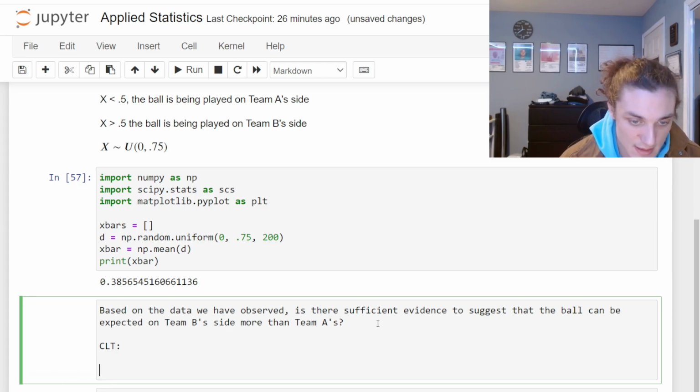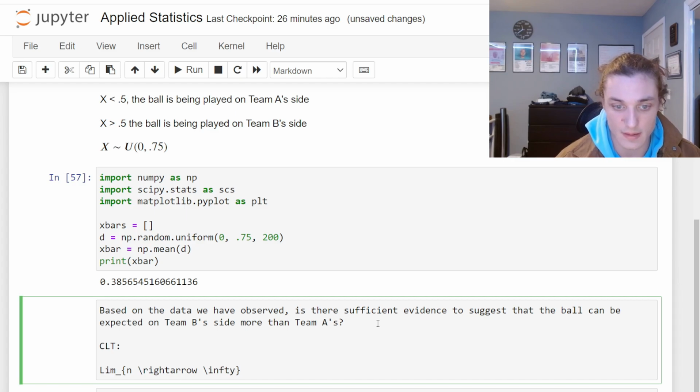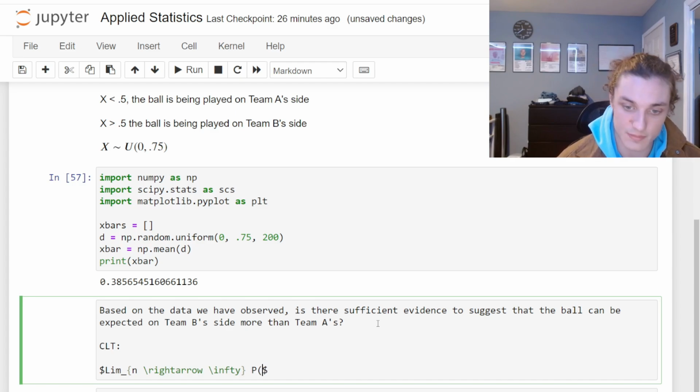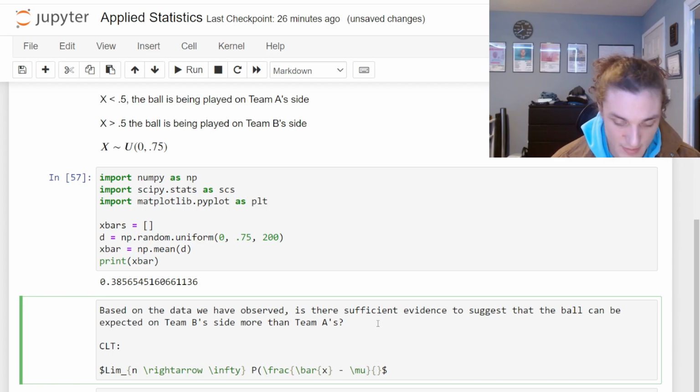The central limit theorem says that if we have the limit as n goes to infinity, and we wrap this in some LaTeX here, of the probability of X bar minus mu, the true population parameter, divided by the sample standard deviation S, divided by the square root of n.